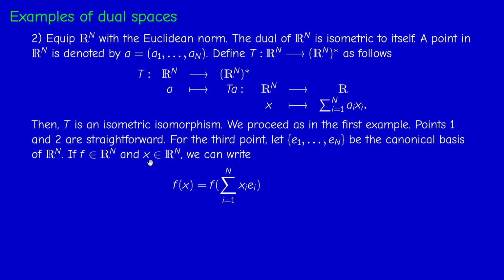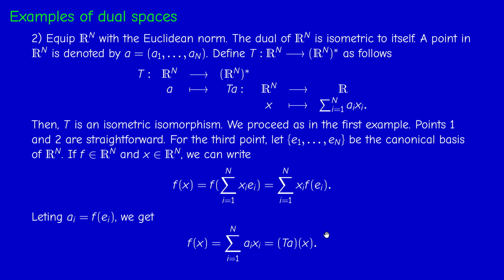So now, if X is in R^n, we can decompose X in this basis. So X can be written as the sum of x_i e_i, where x_i are the components of X, if you like. And if f is a linear map in the dual of R^n, then f(X) is f of the sum. But since f is linear, f of the linear combination is the linear combination of the images.